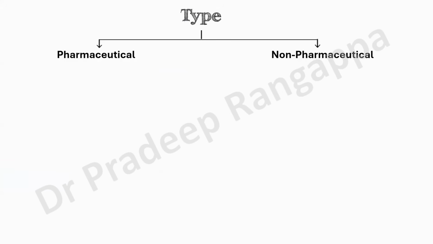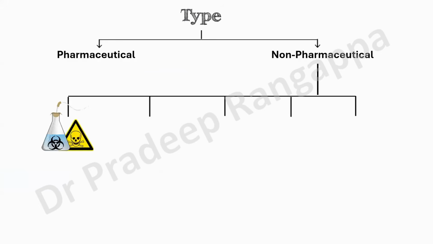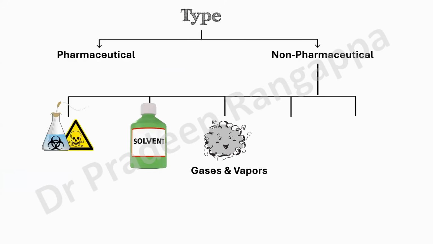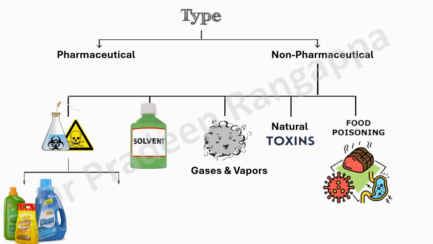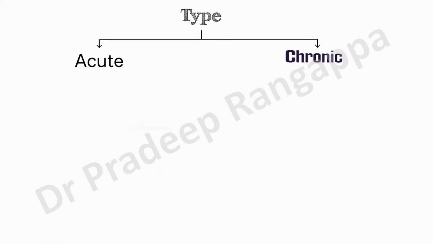The non-pharmaceutical you could divide into chemicals, solvents, gases and vapors, natural toxins, and food poisoning. Under the chemicals, there are household chemicals like detergents, which can be alkali or acid based, or it can be industrial chemicals. So this is the broad classification of the types of poisonings that we could see.